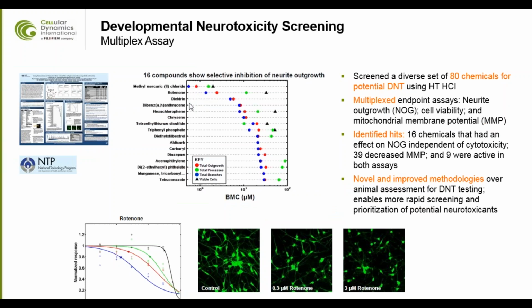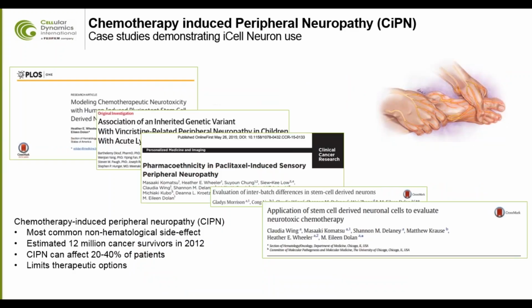And they're able to rank order compounds as well as look at specific mechanisms of action. So whether the cells are just dying or whether they're showing specific types of toxicities across the different modalities. Again, it's a way of holistic interrogation to pull out the multiple mechanisms of toxicity.